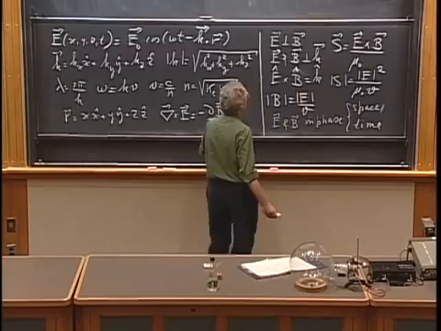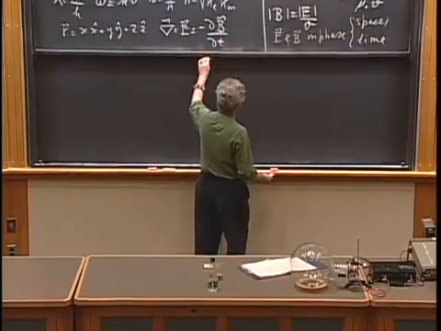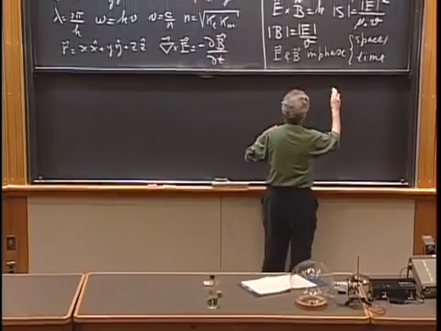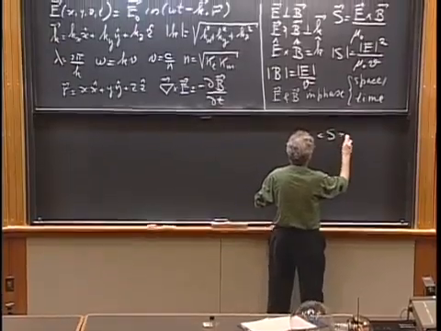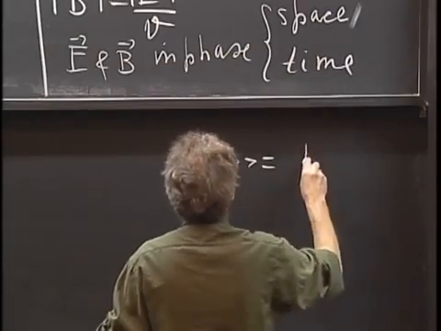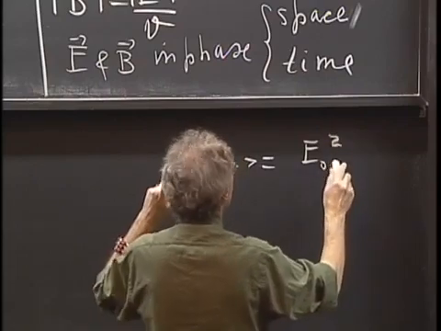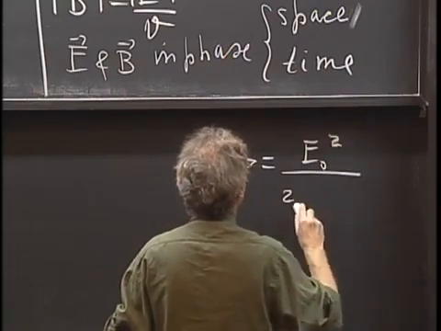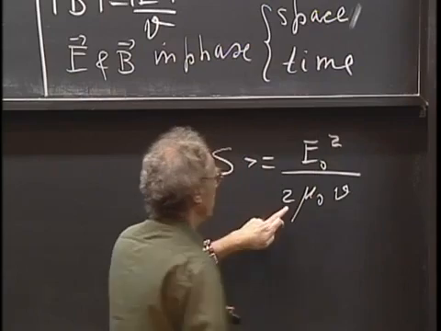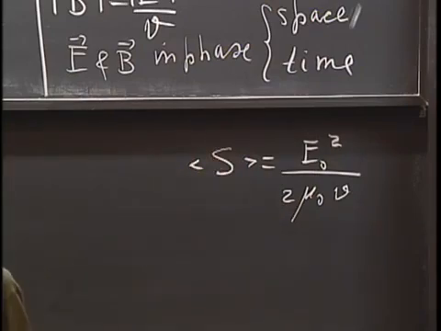And so you can also write down then that S time averaged would be E0 squared, this is now the amplitude, divided by 2 mu 0 times v. And the 2 comes from the fact that the average value of cosine squared omega t equals 1/2. And this is then in watts per square meter. So that's the traveling wave.